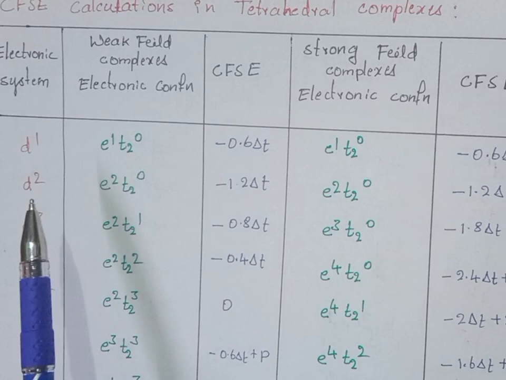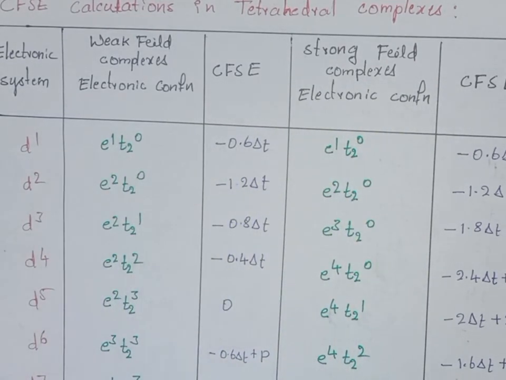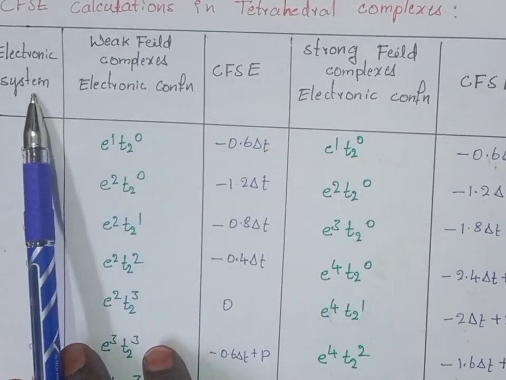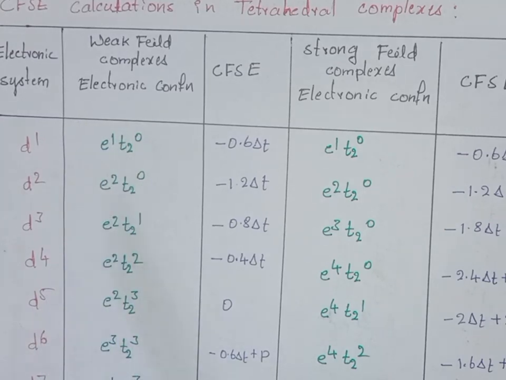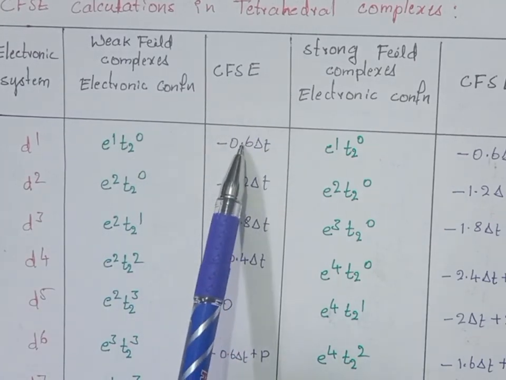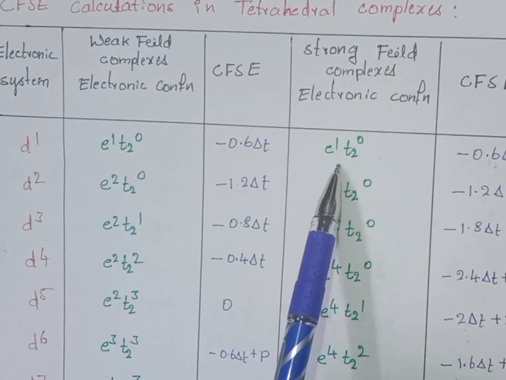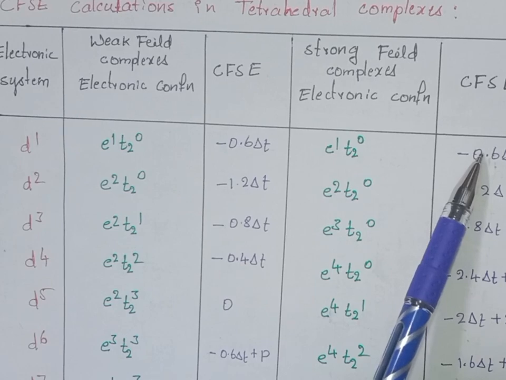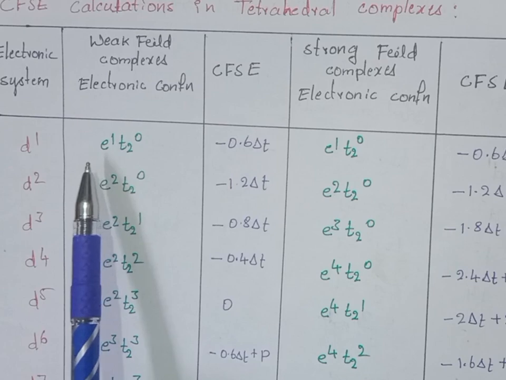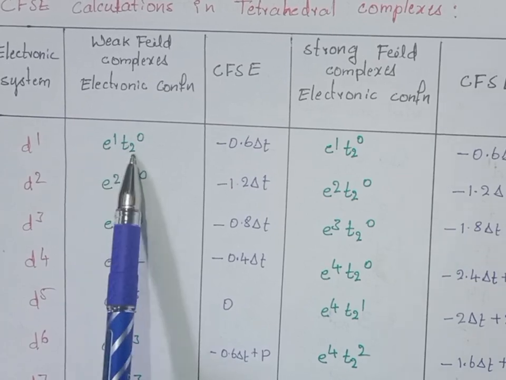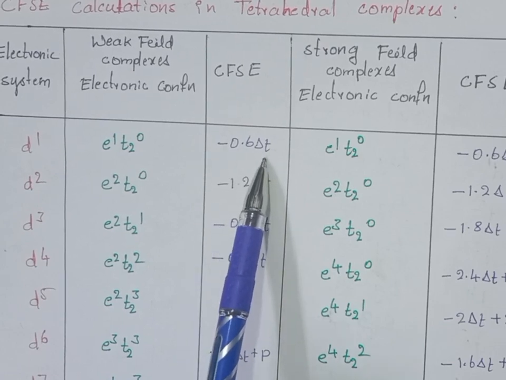If we see the tabular form of CFSE calculations in tetrahedral complexes, here I have mentioned the electronic system. For a weak field complex, the configuration and calculated CFSE; for a strong field complex, the electron configuration and calculated CFSE, right? So for d1, for a weak field complex, the electron configuration is e1 t2^0 and CFSE would be minus 0.6 Δt.